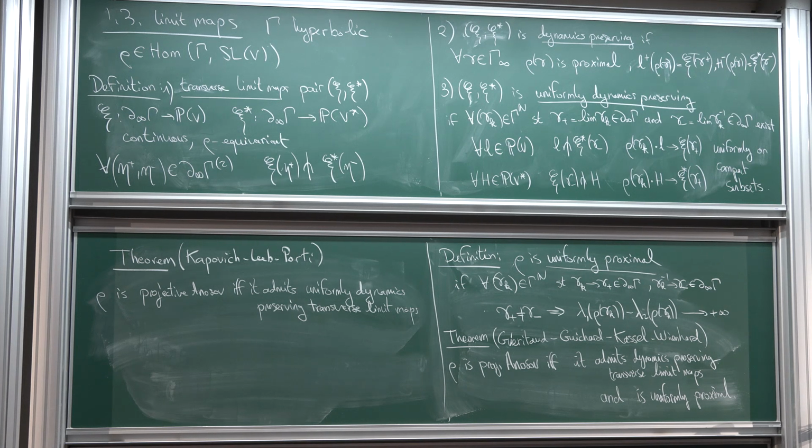And I'll mention one characterization without assuming boundary maps in the first place, which is a theorem of Kassel and Potrie, telling you that if you make this uniformly proximal more precise, with some sublinear estimate in the stable length, then this will automatically imply that it is projective Anosov.